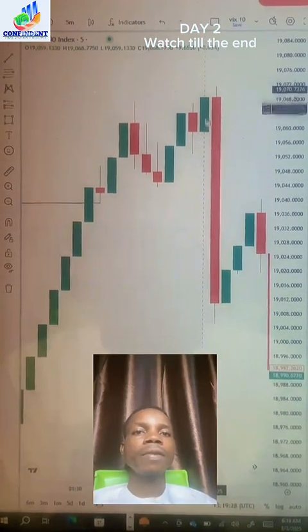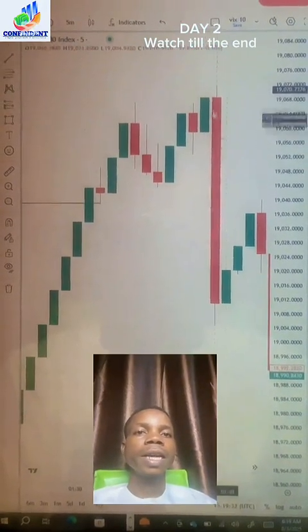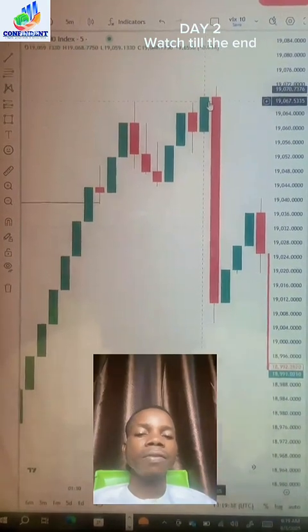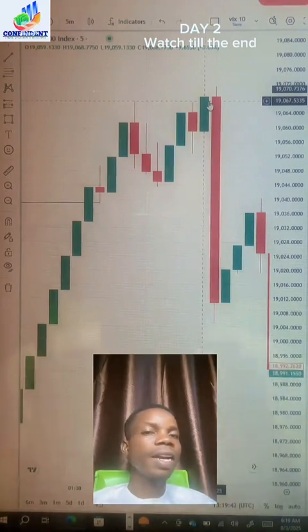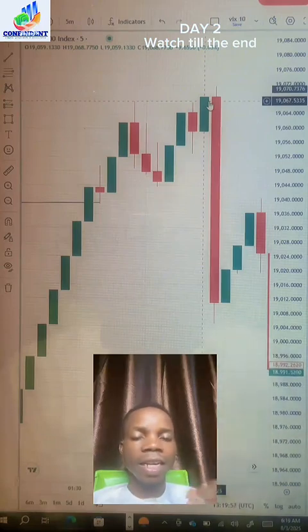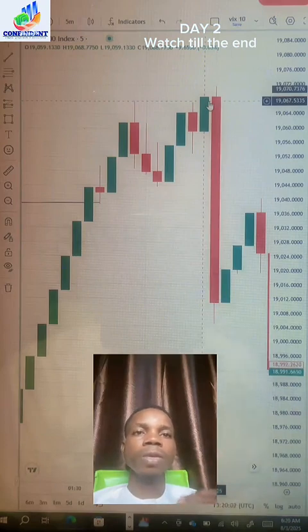This is exactly what is happening until we get to this level, where a lot of products are available in the market, and we now have few people that are ready to buy the product. That simply means demand has dropped and supply has risen. Each and every one of us has to understand that if the supply of the product increases and demand decreases, nothing will happen to the price of that product other than to drop.